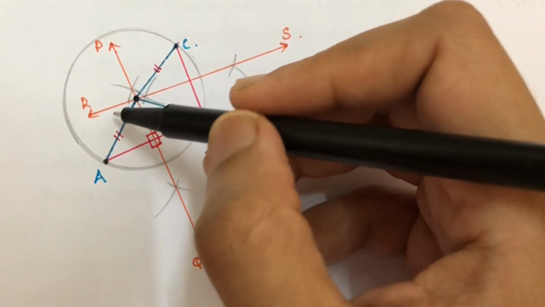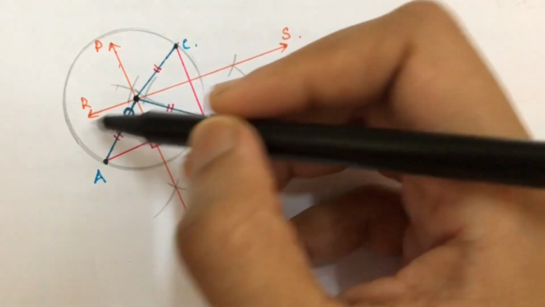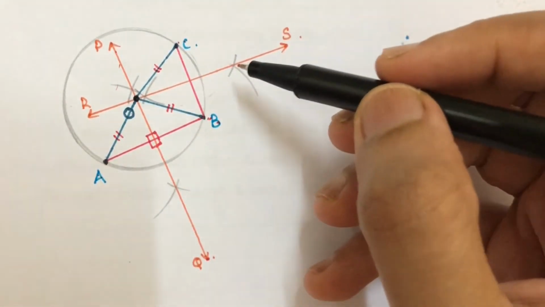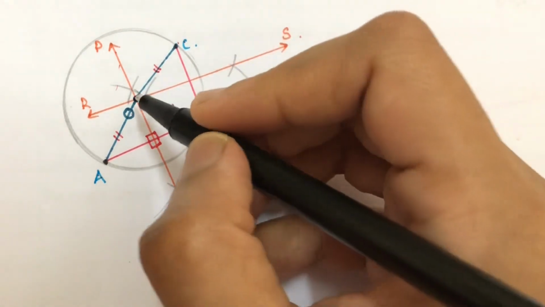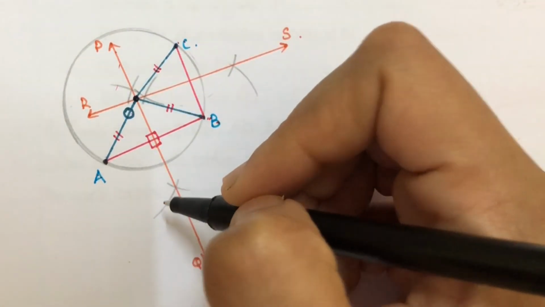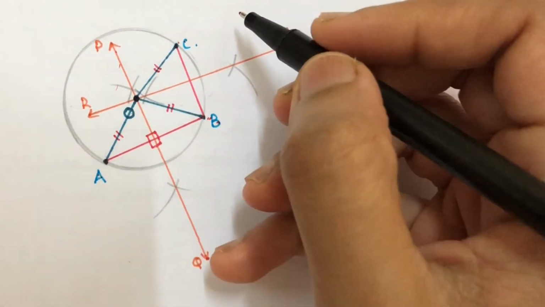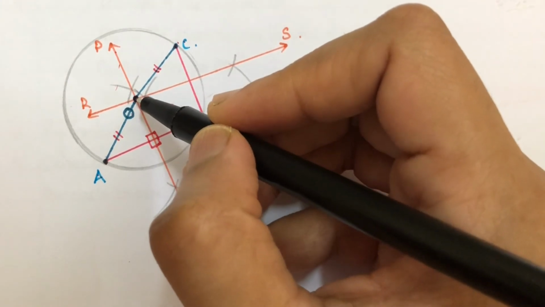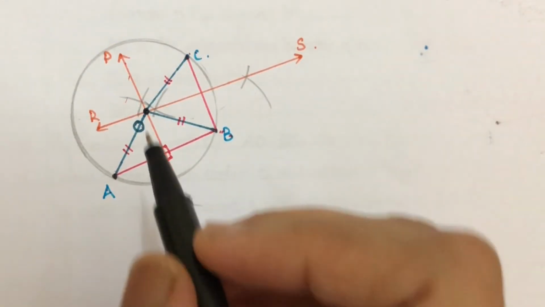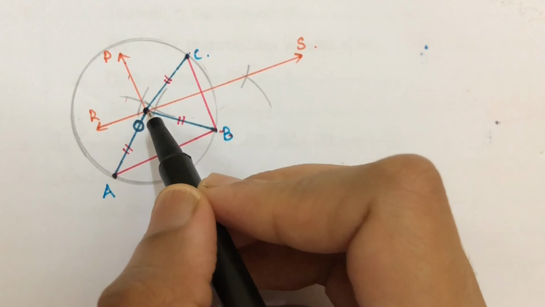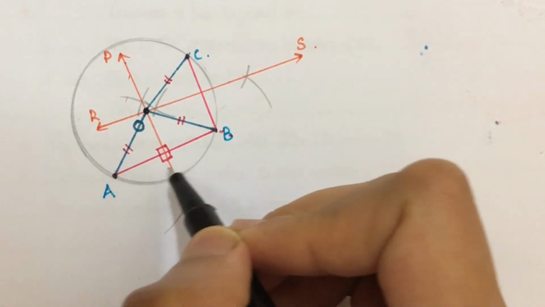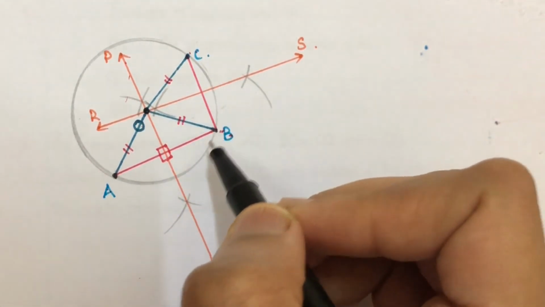After this point, they are diverging, right? So what we can say? We can say that these 2 perpendicular bisectors cannot intersect at any other point other than O, which implies one and only one circle can pass through 3 non-collinear points.